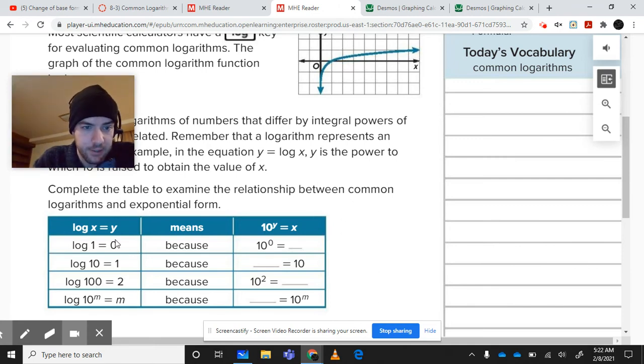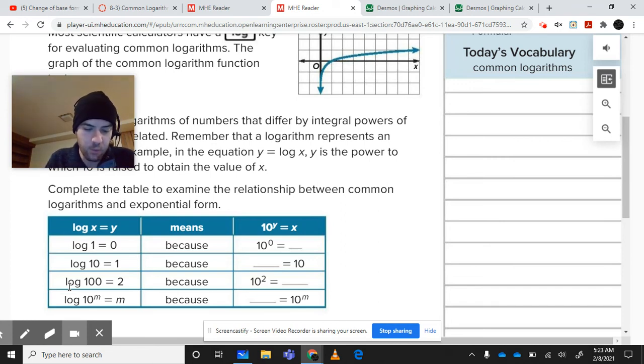But the summary is that the right side, the y value, is referring to the exponent in an exponential equation, and the x value, the thing that you're taking the log of, is the answer of an exponential expression.